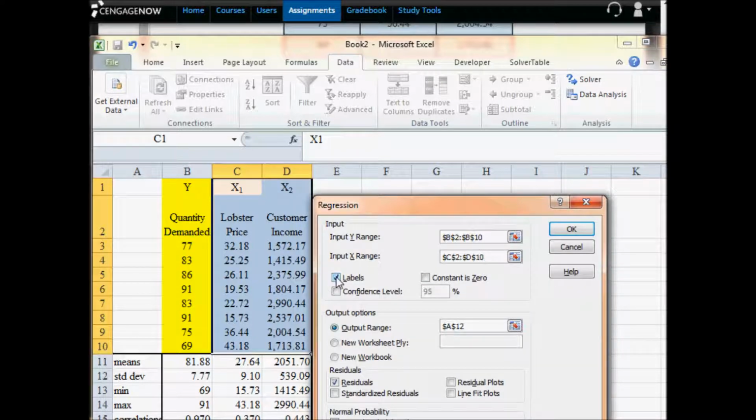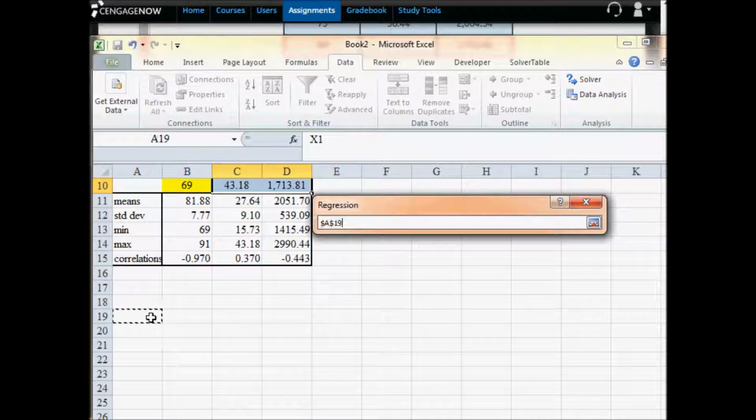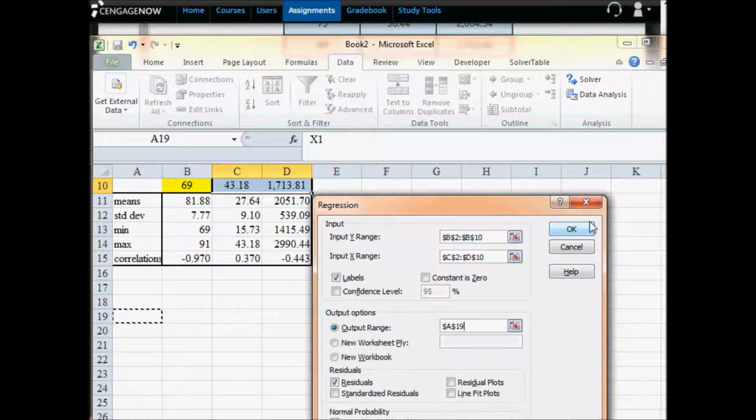Make sure labels is clicked. Click on residuals. We will have to compute residuals for this particular problem in Cengage Now. And then for the output range, click on that white area, click the button, and I'm going to put it right below my summary statistics table.